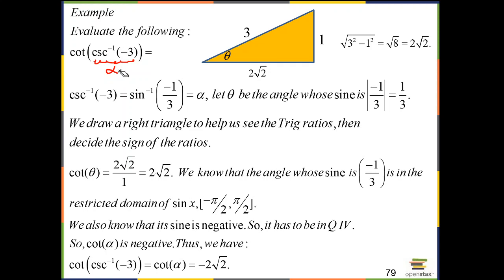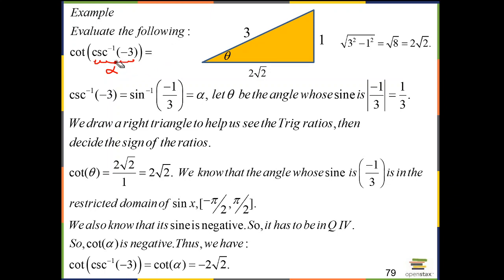Now, we're going to assume that this alpha is an angle whose cosecant is negative 3. Since we don't want to work with negative numbers, we can work with positive numbers only, so with angles between 0 and 90, acute angles.